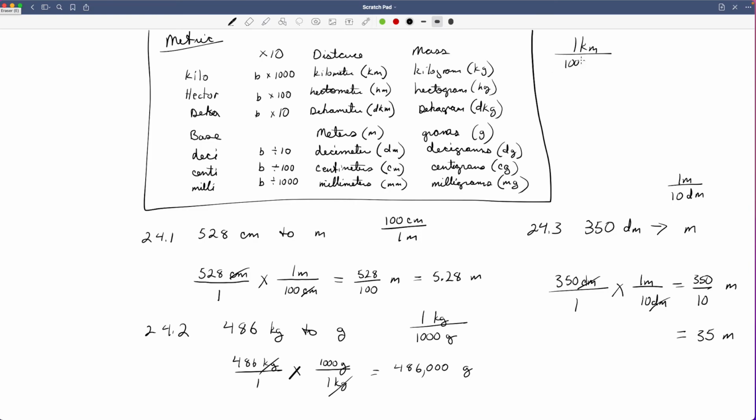A hectometer, 1 hectometer is 100 meters, right? 1 decameter is going to be 10 meters. So you can go back and forth. You could even say 1 kilometer is worth 100 decameters, right? Because it's 10 off from meters. So you drop one of the zeros.